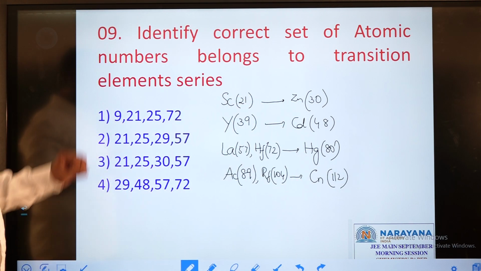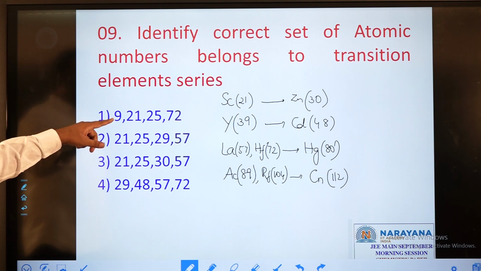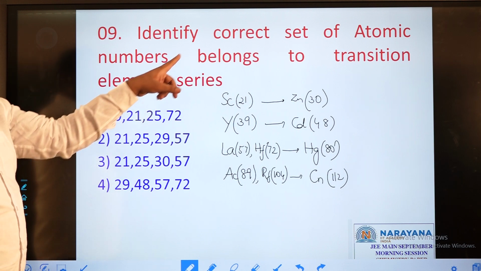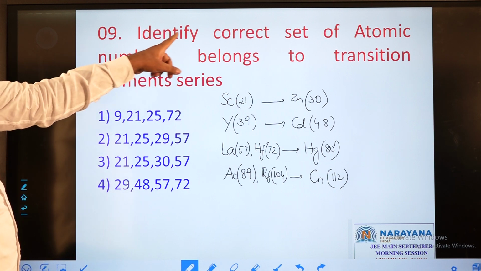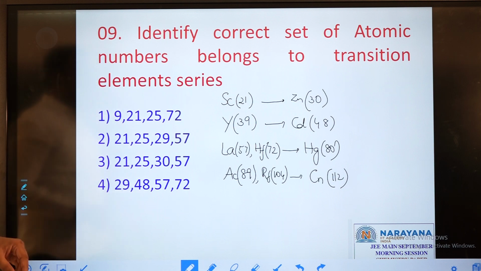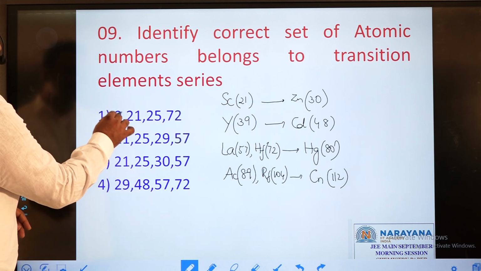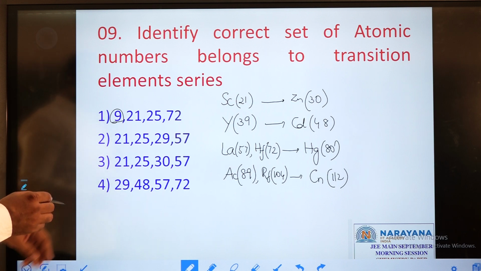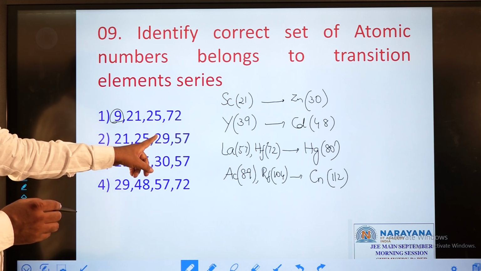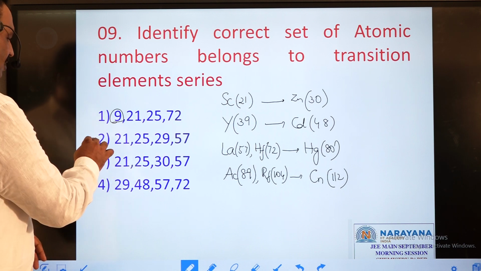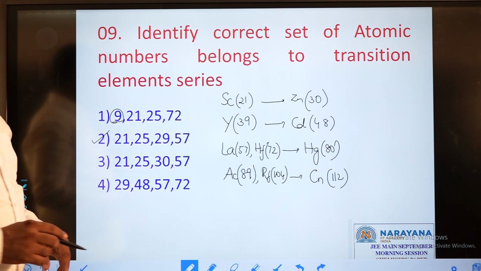Now you can check: atomic number 9 doesn't come in the transition series. Identify the correct set of atomic numbers belonging to transition elements. So 9 is there, because of that it is not correct. Next, 21 correct, 25, 29 correct. Next 57, yes, this is within the range.